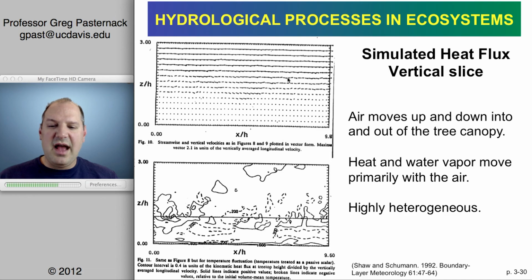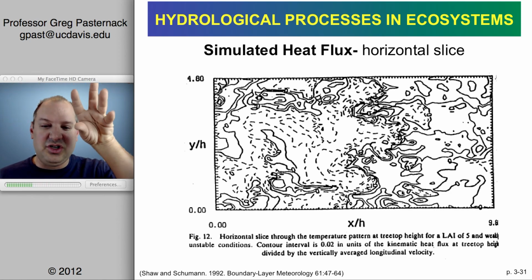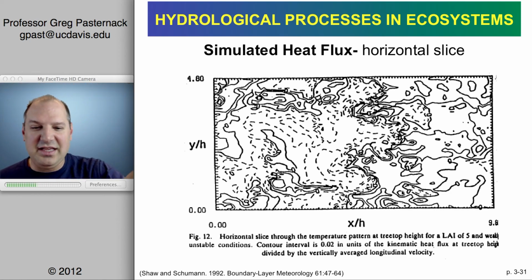So what you see in these graphs, these are not real measurements, these are not data. These are computer simulations of the equations of motion for air blowing over a ground surface that has trees on it, and it can predict the spatial pattern if you took a slice across. We could also take the top of the tree canopy and do a horizontal slice and look down, like if you're opening up your head and looking inside.